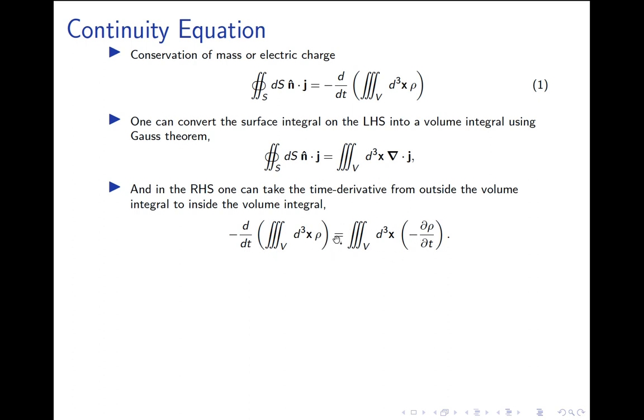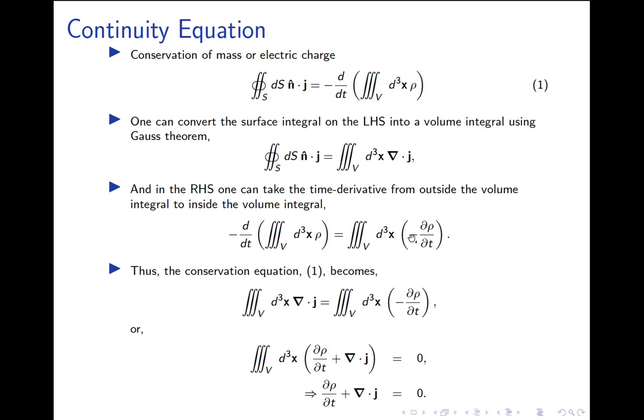So rho can be a function of x and t. When we pull it inside, you can show that this must be the partial derivative. Total derivative when pulled inside an integral sign must give you the partial derivative.